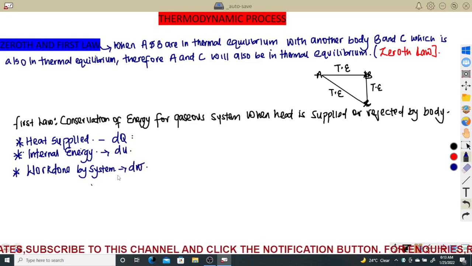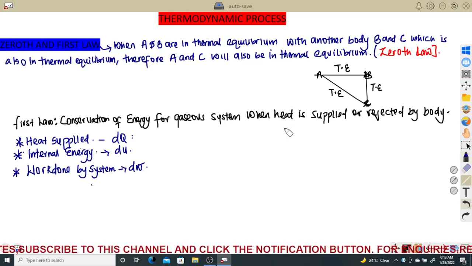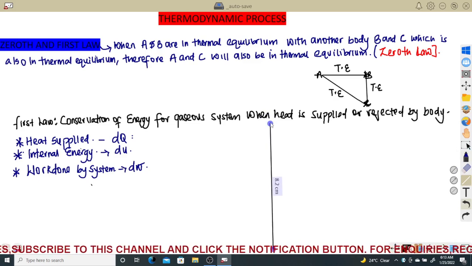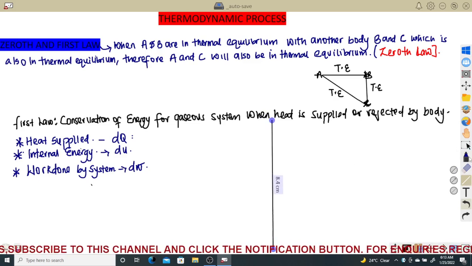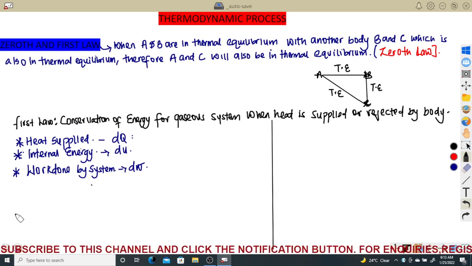What I'm saying is that the heat supplied to the body is changing. As a result, there is a change in the internal energy of the gaseous substance. And because there's a change in internal energy, work is being done by the system.